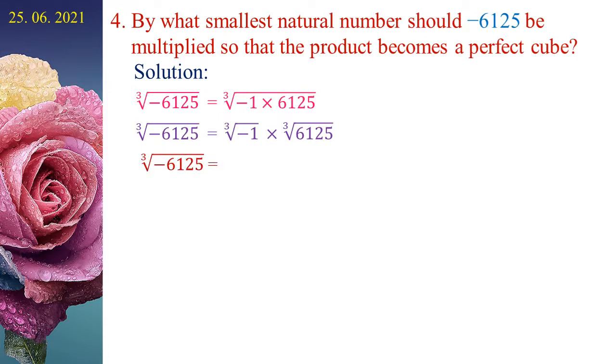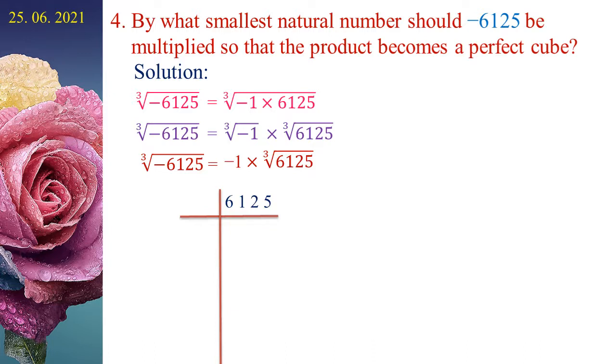Cube root of minus 6125 equal cube root of minus 1 is minus 1 because cube of a negative number is negative into cube root of 6125. Let's find the prime factors of 6125.